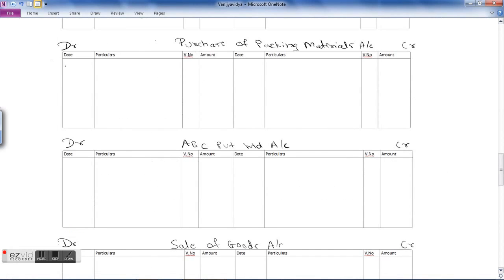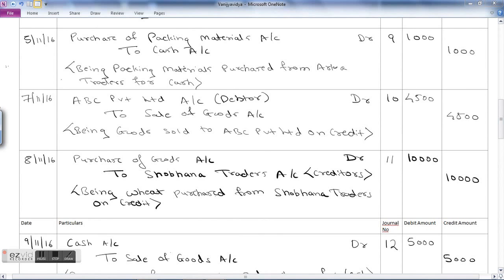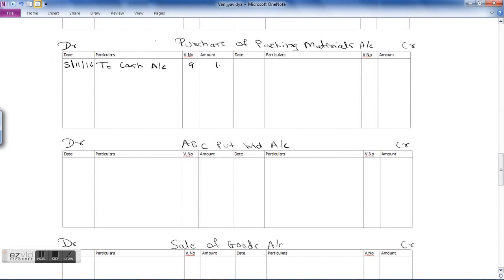Okay, to cash account, and the voucher number is 9, amount is 1,000.